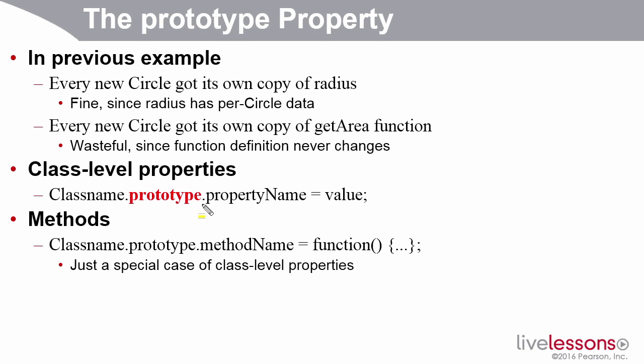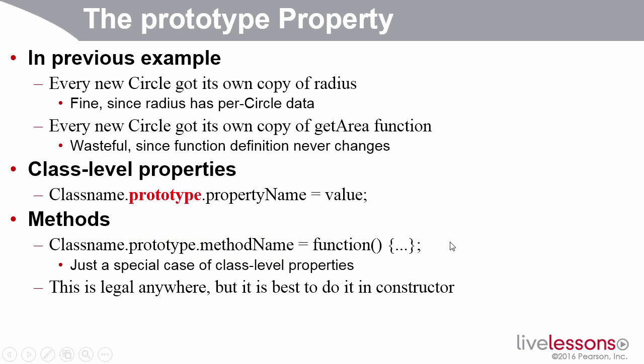And so methods, functions that belong to objects, are really just a special case of this. So you say circle dot prototype dot getArea equals a function. Or you say person dot prototype dot full name equals a function, and so forth.